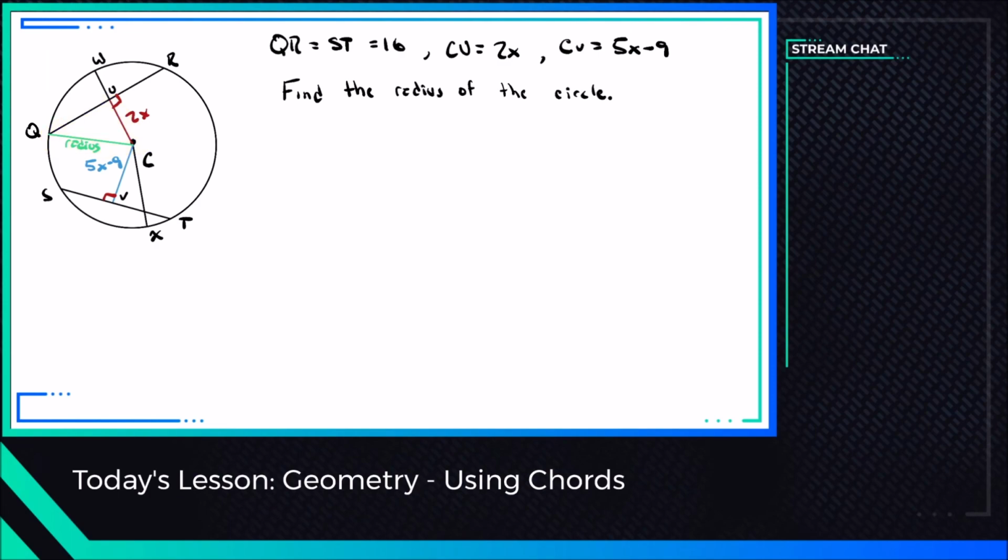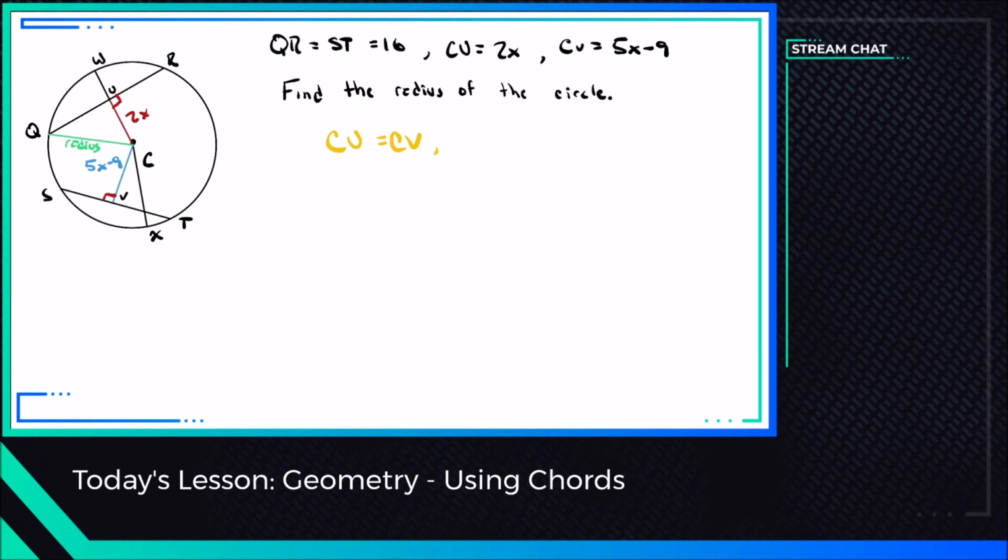All right, so the first thing we need to do is find the length of CU. Notice that these two chords are perpendicular right here. They're also equal to one another. So CU must be equal to CV.